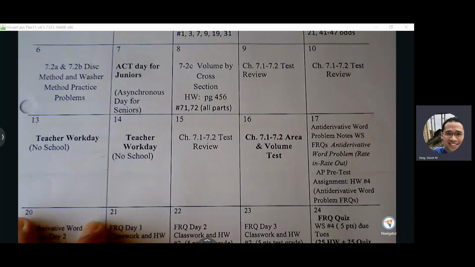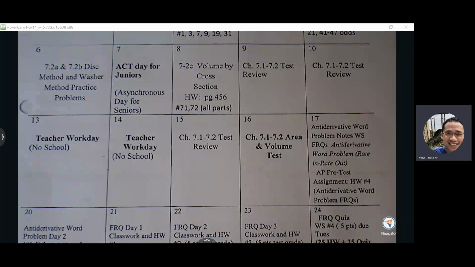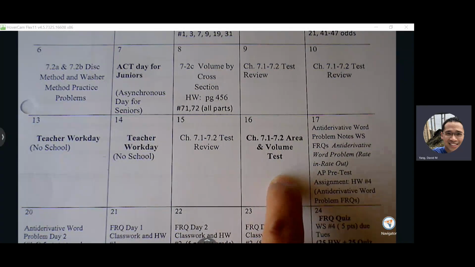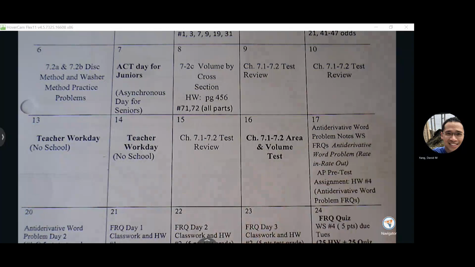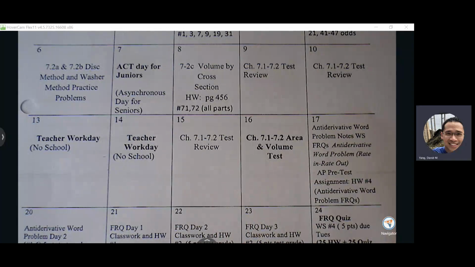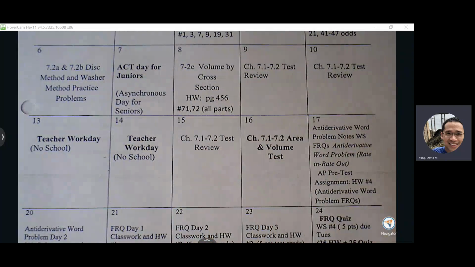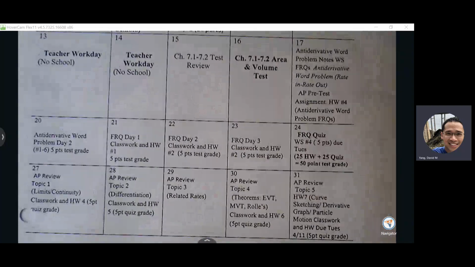Following that, we'll have teacher work days and then the volume test. We'll have 2 days of review before the break and 1 day of review after the break, and then test Thursday. After that, we're going to start AP review, and I'll go over this in a lot more detail.